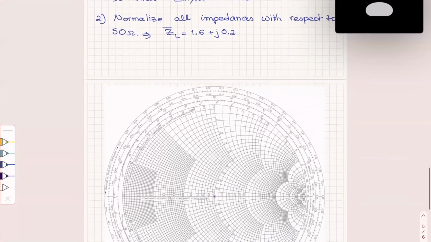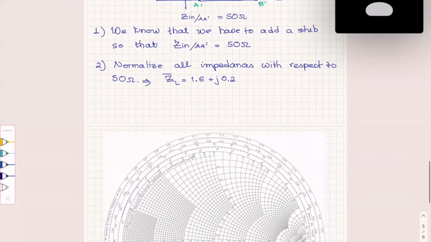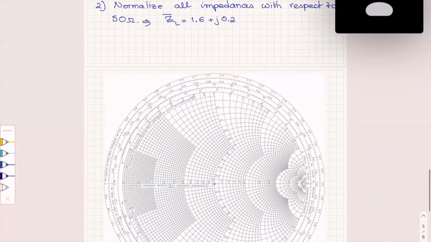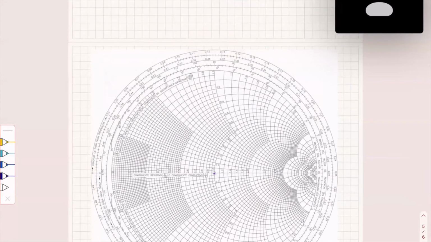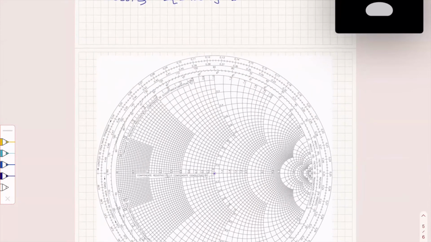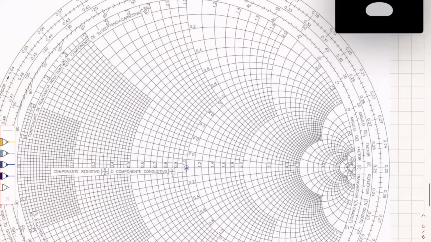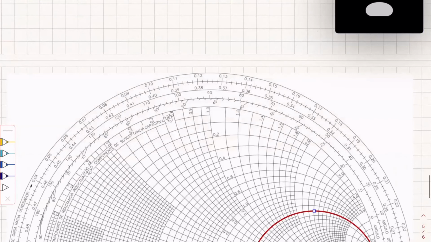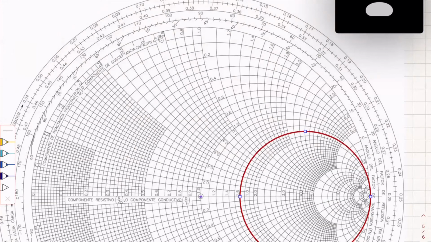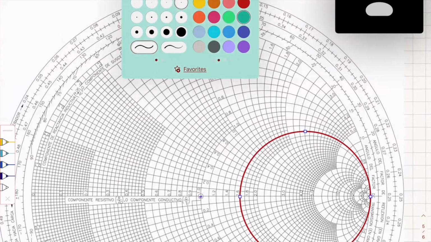Okay. So now we have to find ZL, which is the load to this line, the normalized load. So we have to find the circle that shows the real part, 1.6, and 1.6 is there. So we'll draw the circle of the normalized resistance 1.6 here. And then the imaginary part is 0.2. I'll do it with green.